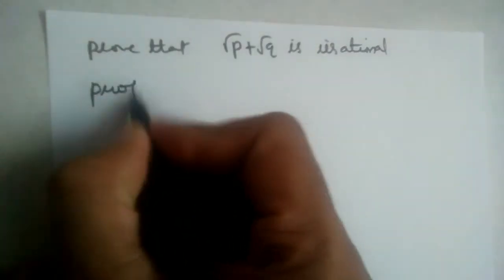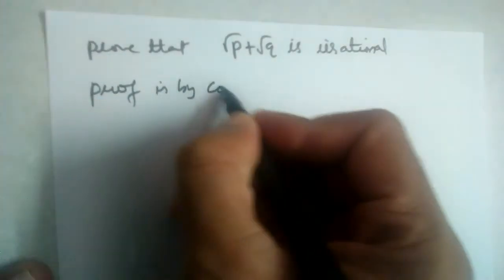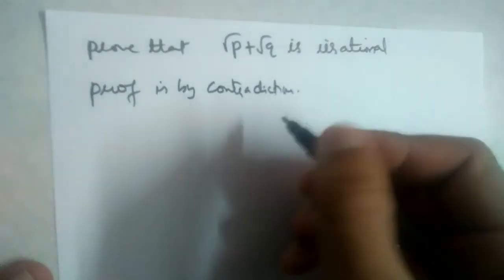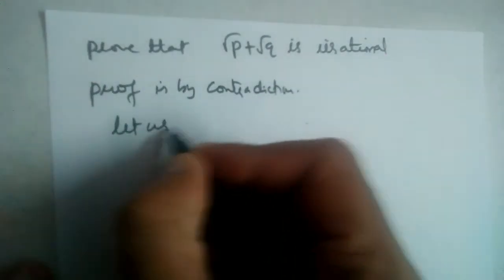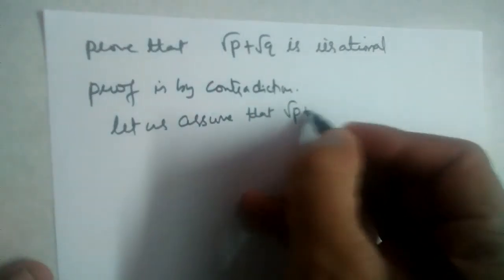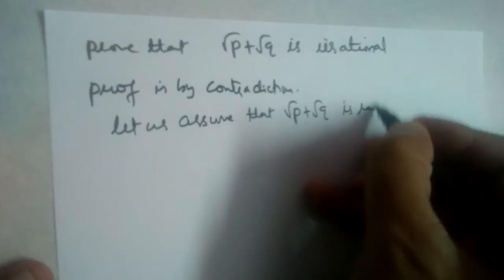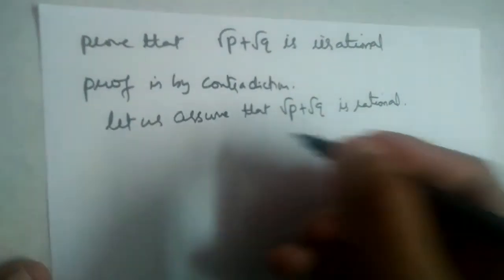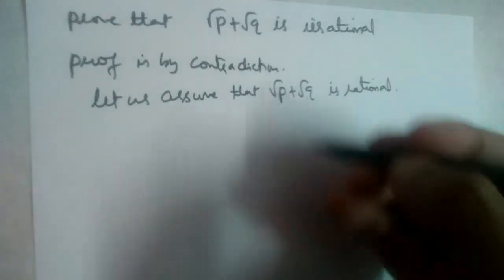So let us first write: proof is by contradiction. Let us assume that root p plus root q is rational. If it is rational, it can be expressed in p by q form, isn't it?